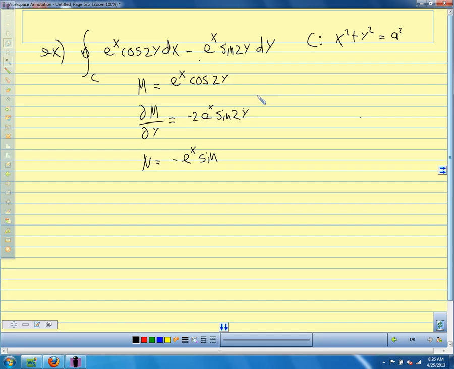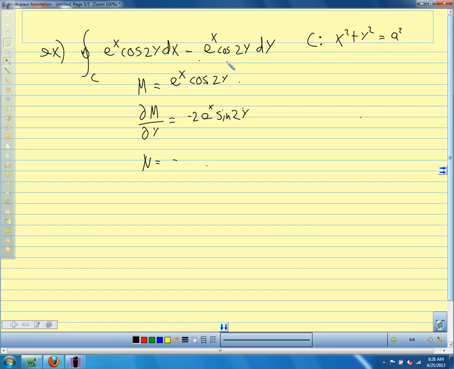Let's see. So M is e to 2x, and then this should be, no, this should be a cosine, right? No. Yes. Oh, that should be 2 e to the x sine.